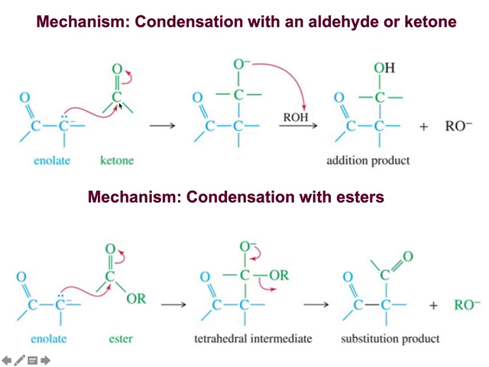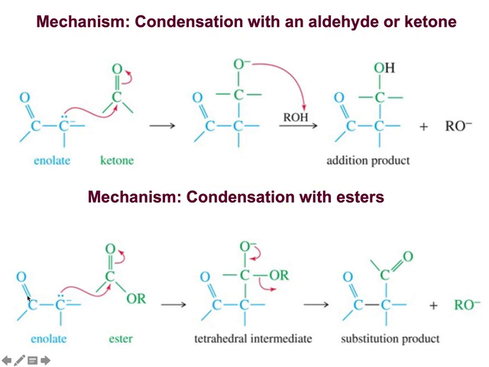The concept is the same as nucleophilic addition. The nucleophile attacks this C positive and the pi bond will cleave. So the negative charge is on this O minus. Then it abstracts a proton from this region and becomes the addition product. OR minus is a side product.